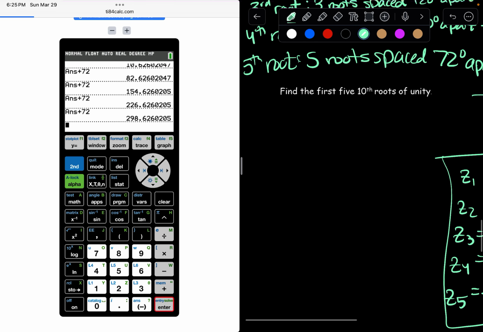The last topic is going to be roots of unity. So roots of unity means that we are dealing with a radius of 1 and we are starting at our standard angle of 0 degrees, okay?